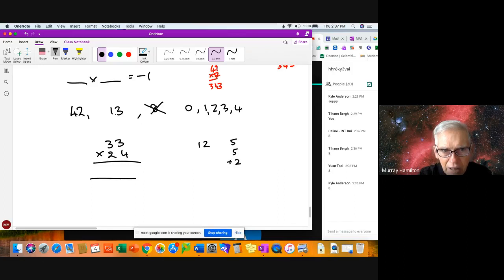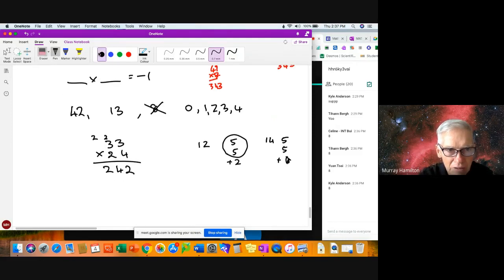So we write our answer as 2, and we carry these 2 lots of 5 over as 2 to our next column. 4 3s are 12, plus the 2 is 14. 14 is made up of 5 and 5 and 4. So we put the 4 down there, and we carry the 2 over to the next column. 4 times nothing is nothing, and 2. So it is 2 4 2 for the first part there.